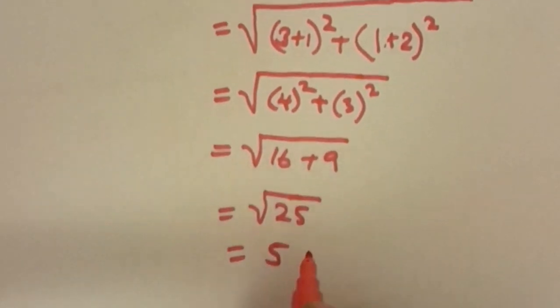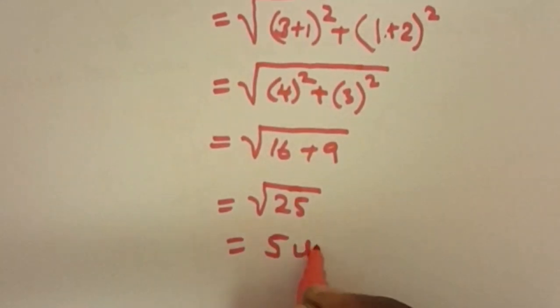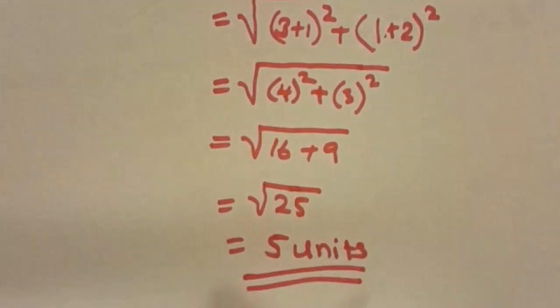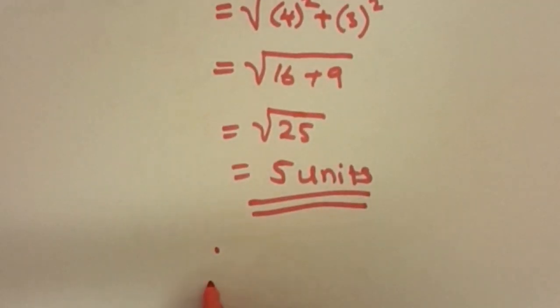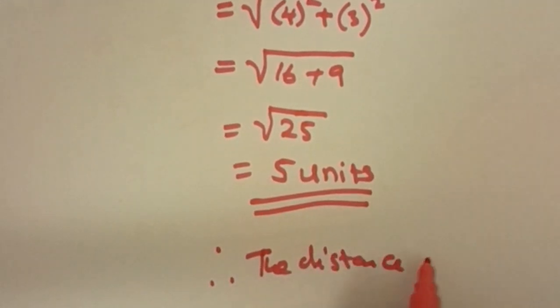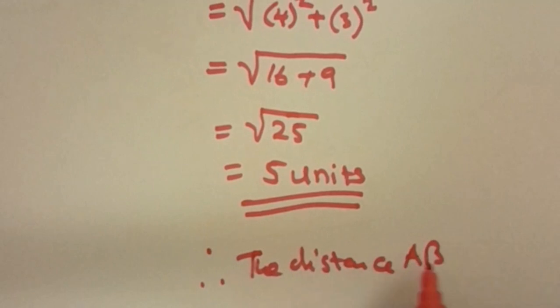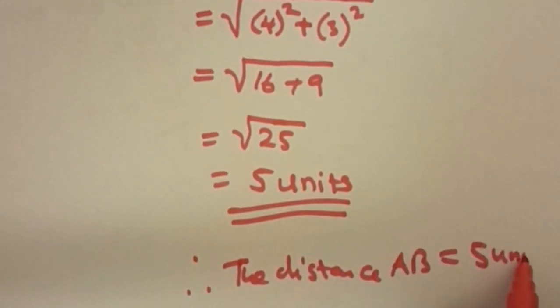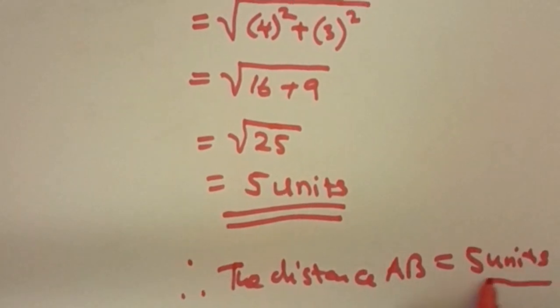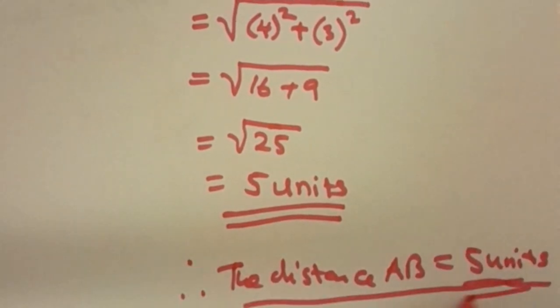So we say 5 units. Therefore, you conclude, the distance AB is equal to 5 units.